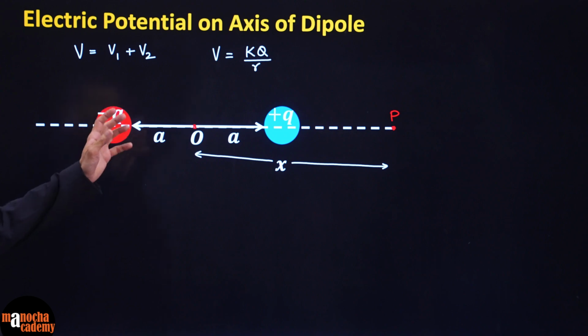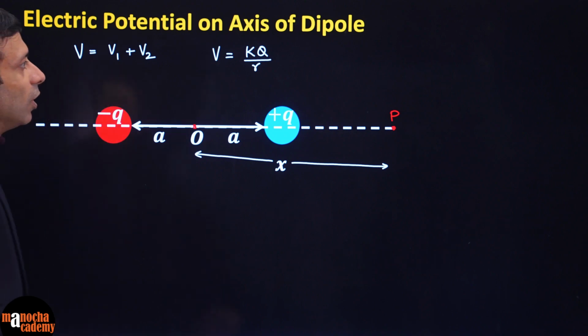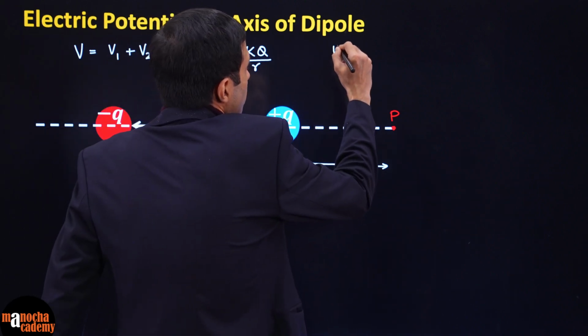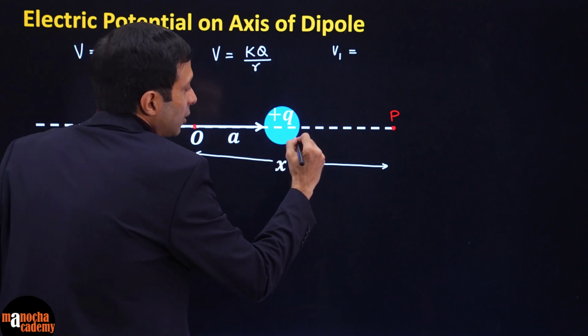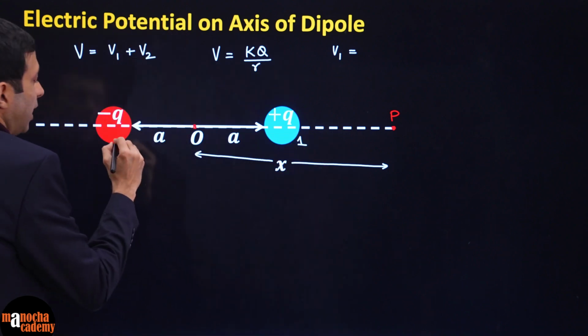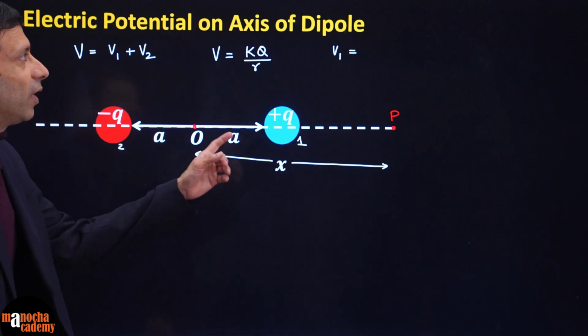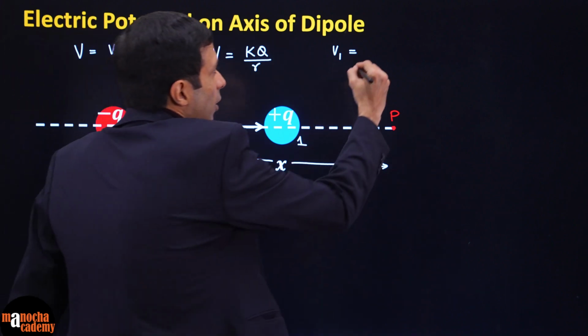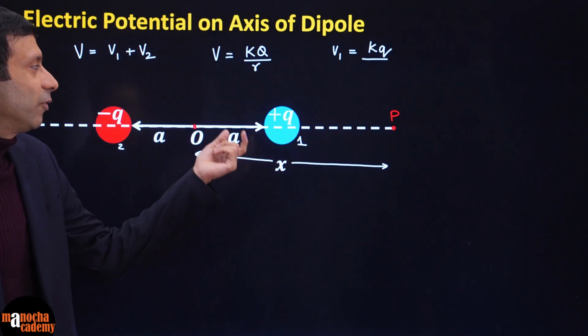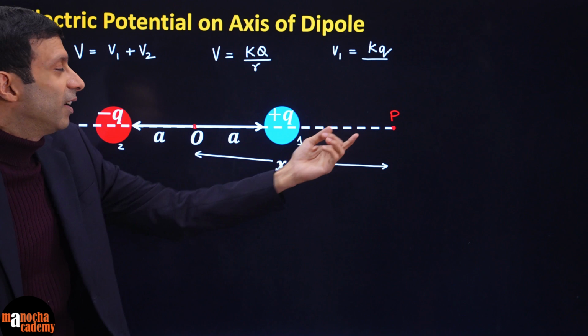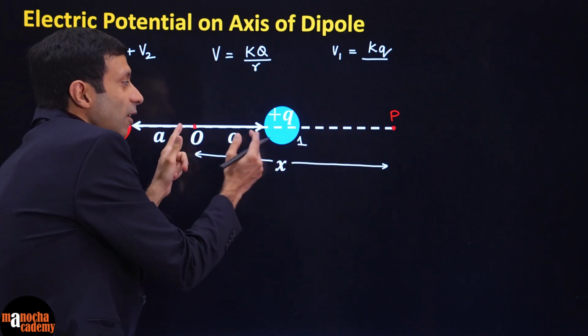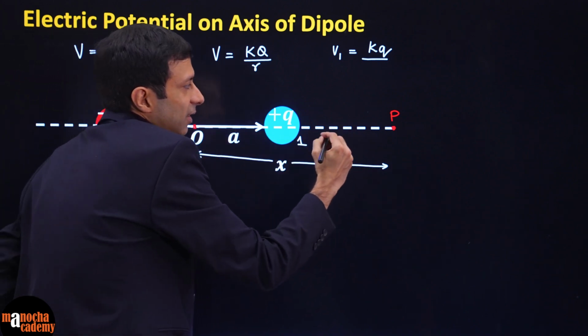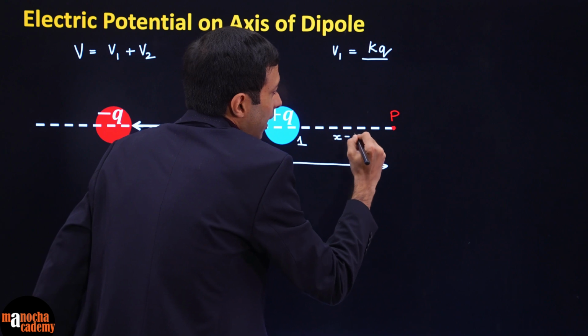Okay, so let's go ahead and do it, guys. V1 and V2. Here V1 is going to be, let's take the positive charge as charge number 1 and the negative one as charge number 2. So V1 is going to be k and small q. And what is the distance here from the positive charge to the point P? That's right, it's going to be x minus a, right? So this part is x minus a.